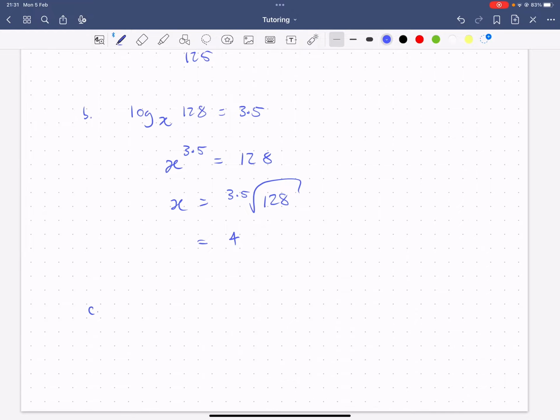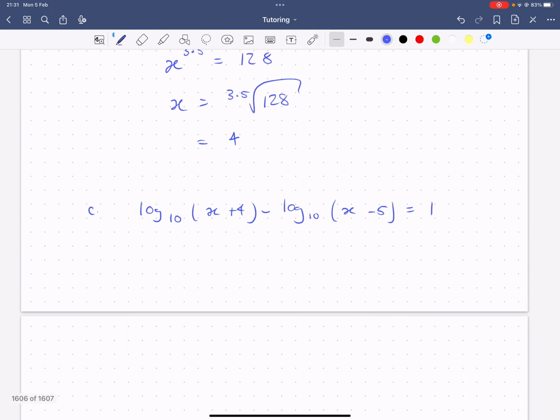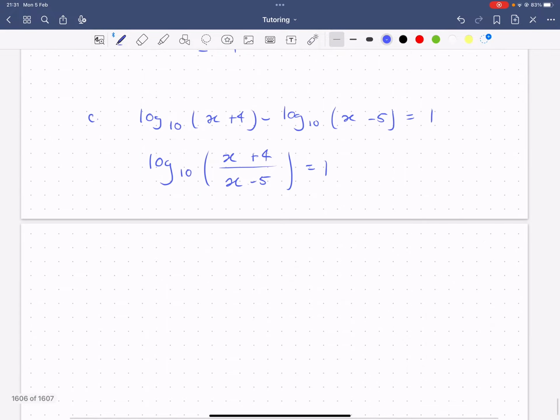C, we've got log base 10 of x plus 4 minus log base 10 of x minus 5 is equal to 1. These are subtracting, so when we subtract logs, we're going to say we divide. And that's equal to 1. Now, yes, we could transform our logs, but we could also realise that log base 10 of 10 is equal to 1.